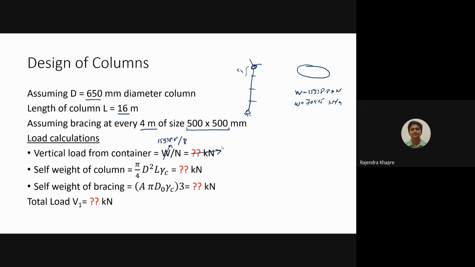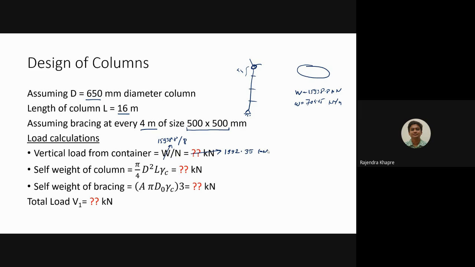How much is this? 1992.35 kilonewton. Okay, so this is the total load which is coming on the individual column.